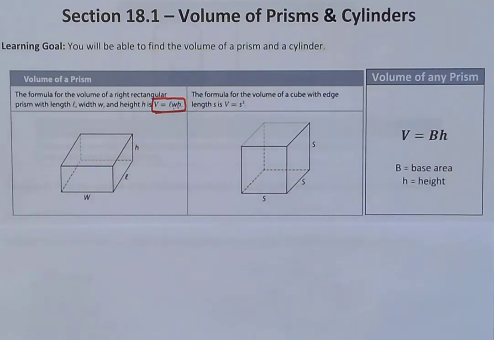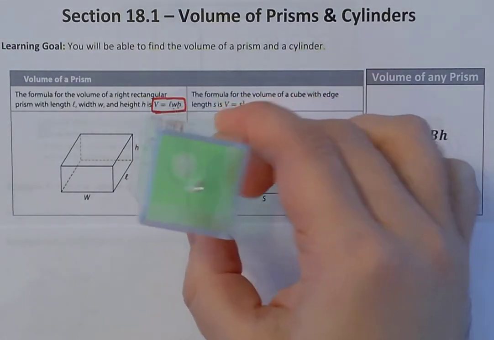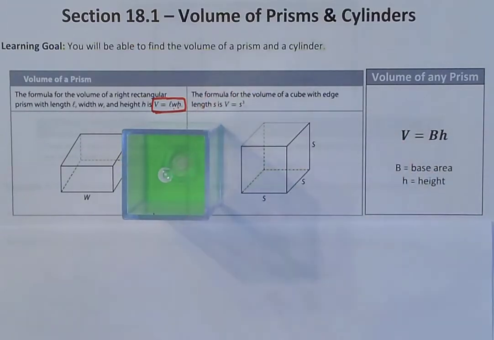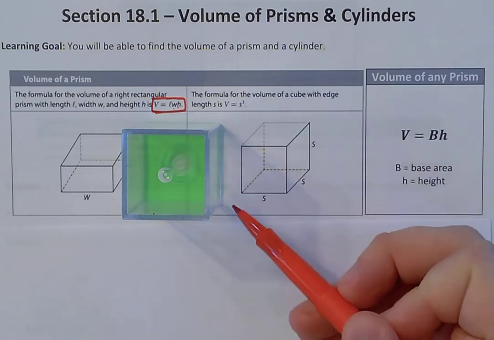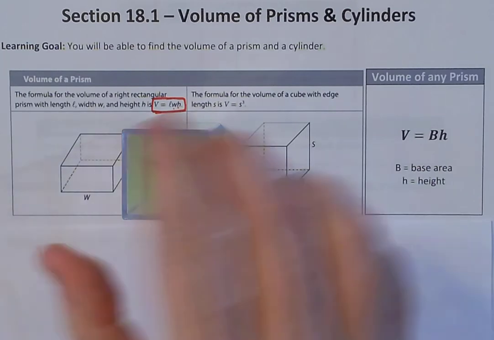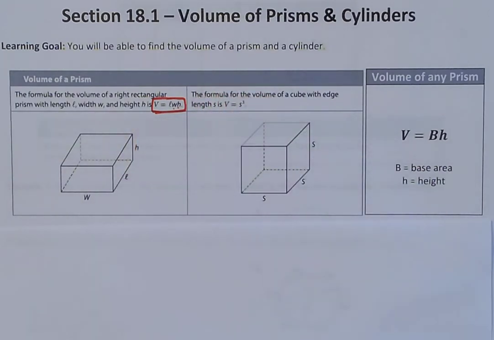A rectangular prism is going to have a base, which is that green. You figure out the length and then the width, and then we multiply it by the height. So those are the three different things we need to know from a rectangular prism. Length, width, and height, and you multiply all three together.